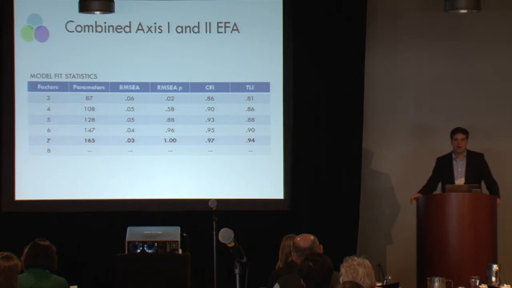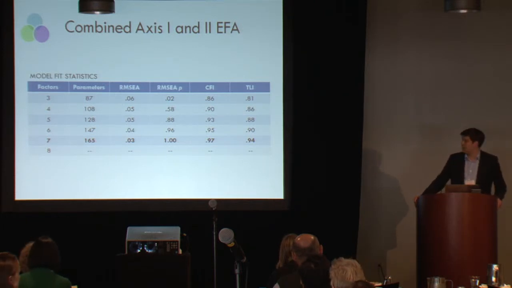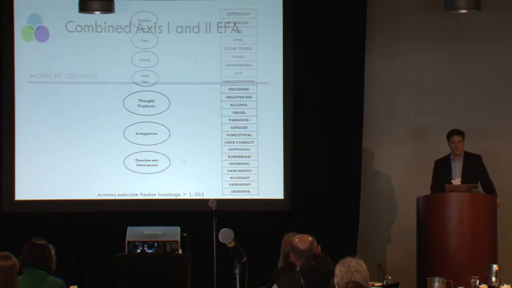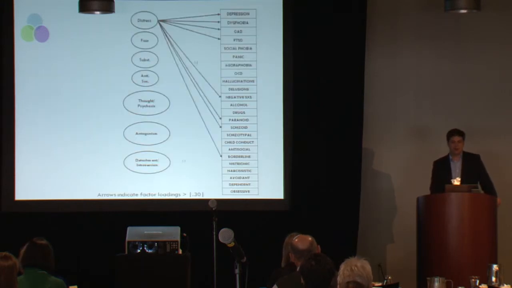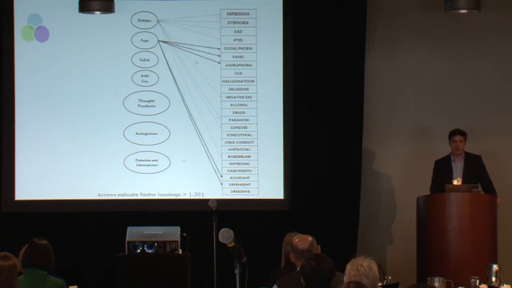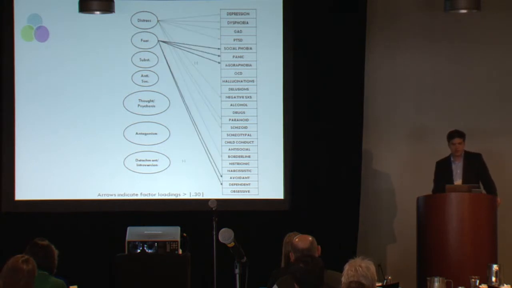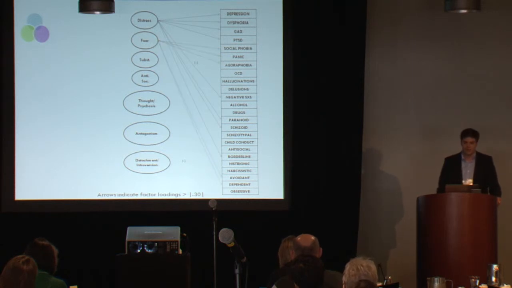Now, in the combined axis 1 and axis 2 model, what we find is that a 7-factor model is actually the best fit. You get distress, and you get fear, so that negative affectivity factor from before splits up. But we start pulling in some of the PDs here. Borderline is related to the distress factor, and we have avoidant and social phobia, panic, agoraphobia, and dependent associated with fear.